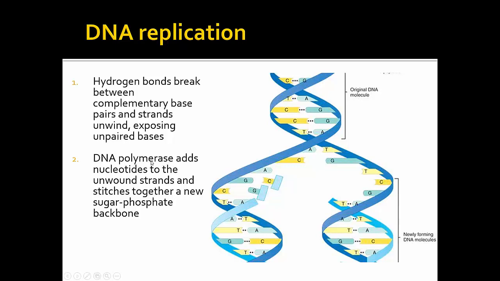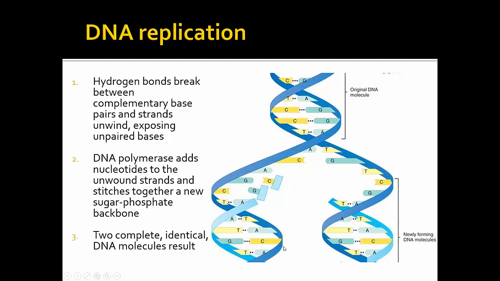So it's making the polymer of DNA, adds the nucleotides to the unwound strands, and stitches together a new sugar phosphate backbone. So that's what's happening down here. The strand's unwinding, and there's the free nucleotides coming in and joining with the unwound strands and getting their new backbones stitched together. So DNA polymerase is the enzyme that facilitates this process.